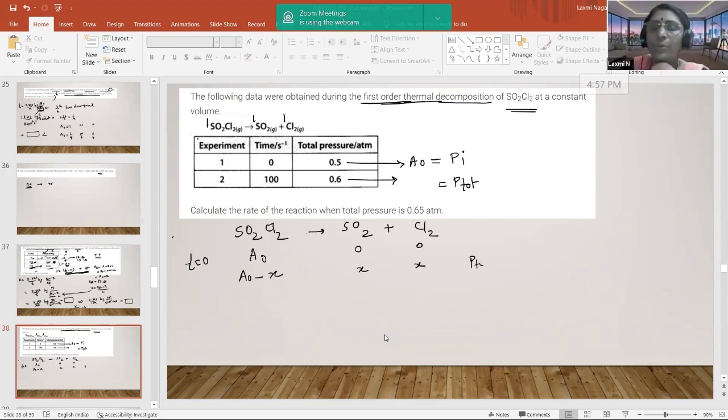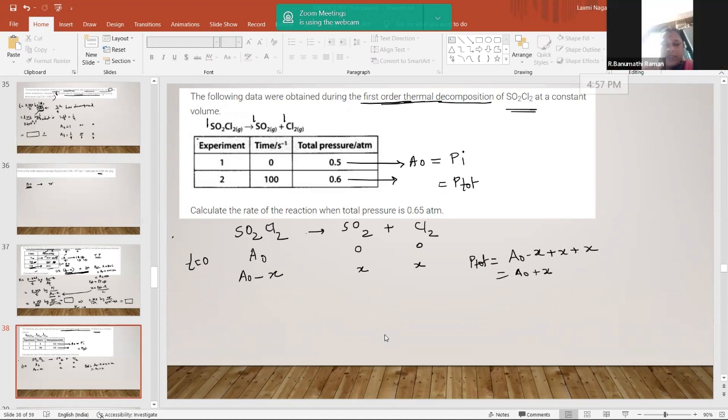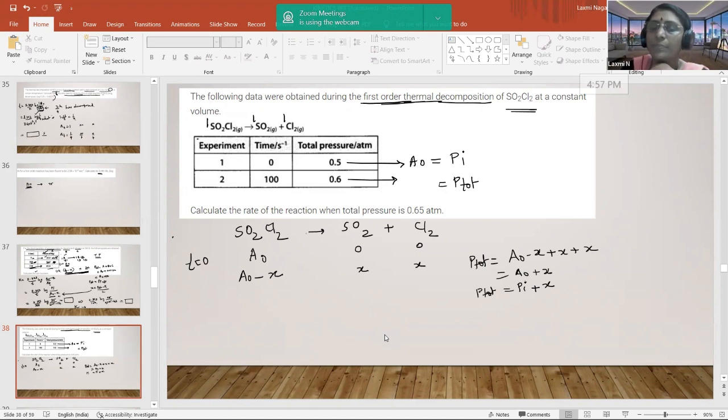So P total is the sum of A0 minus x plus x plus x, which is A0 plus x. So it is Pi plus x. And since it is Pi plus x, the P total seems to be more. It is declared that it is a first order reaction, so we need not worry about it.